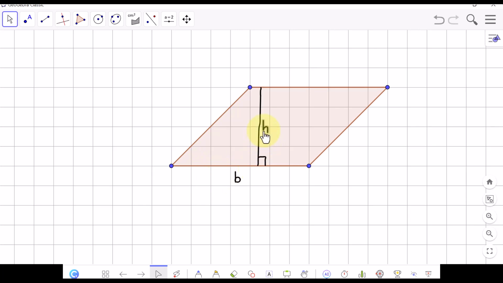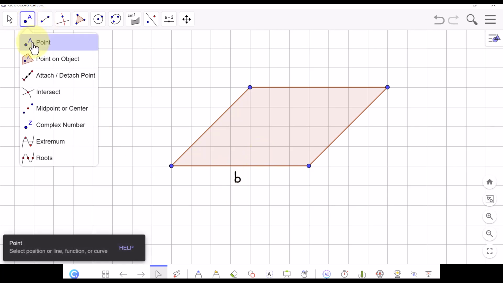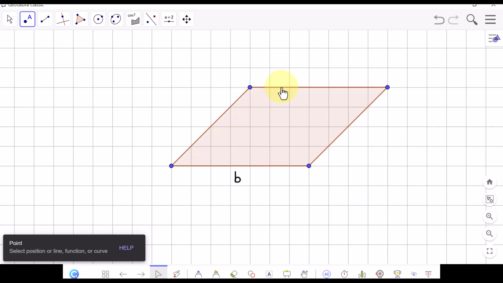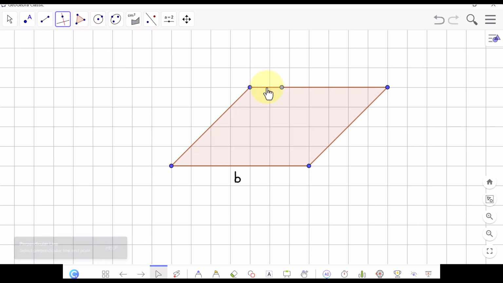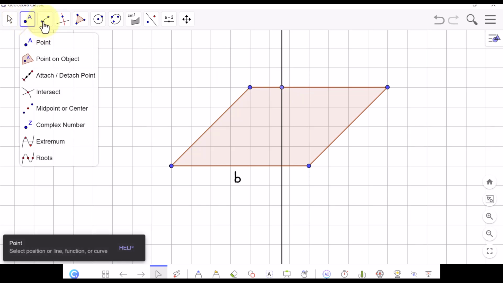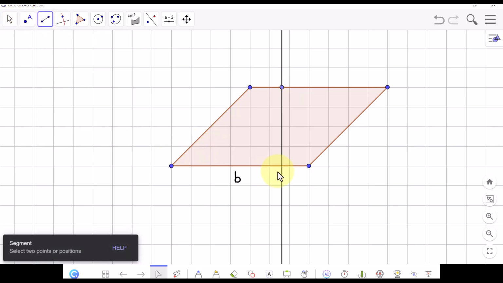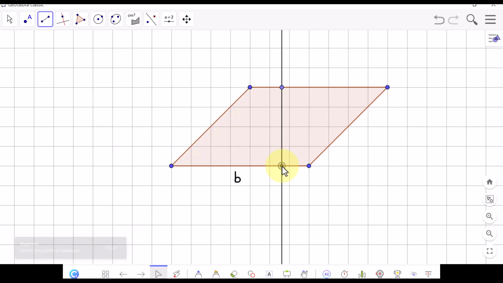Let me delete this one. You see another thing I would like to demonstrate for us. Okay, now if I get a point, let me put a point somewhere here. Let me do a perpendicular, see what I want to do. Just watch. Okay, let me get a segment from here to here.